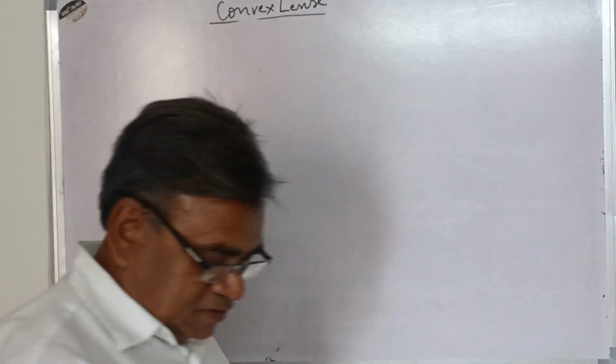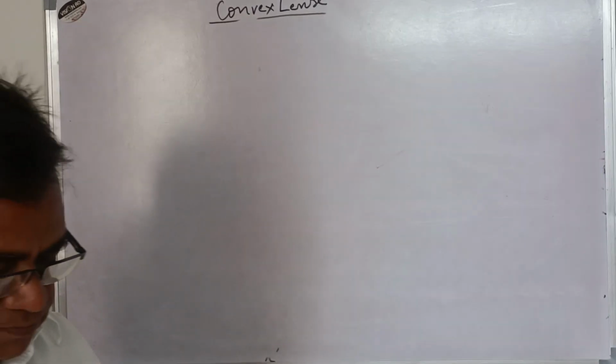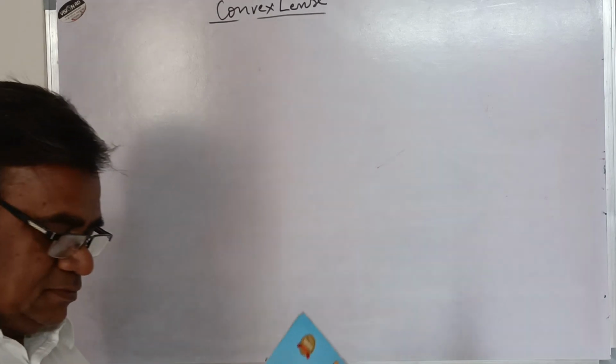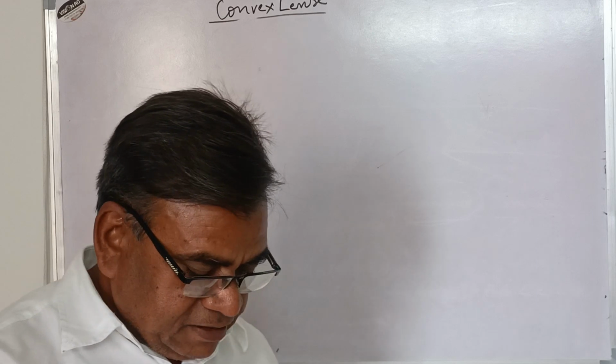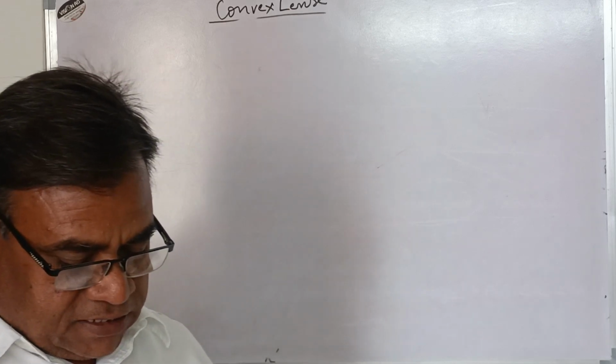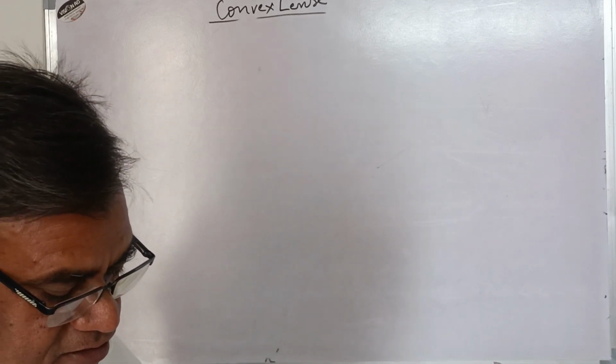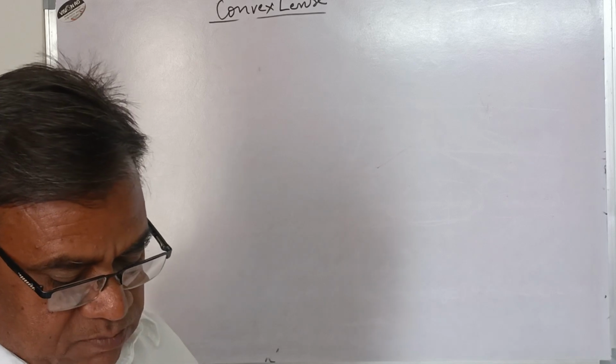Now the next question. Very short questions are there. Name the lens which can concentrate the sun's rays to a point and burn a hole in a piece of paper. Convex lens.